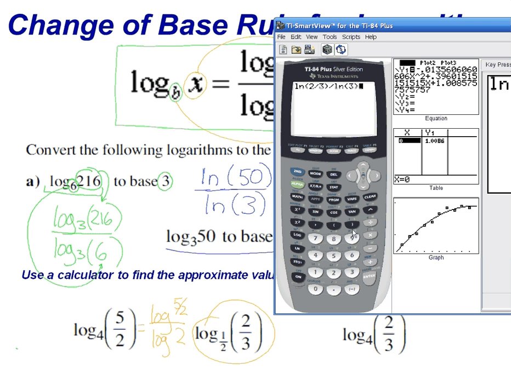It doesn't matter whether you use log base 10 or natural logarithm, both will give me the same answer. There we go. And then the last one, same idea. Once again, clear that. I'll use common logarithms this time. Log 2 over 3 divided by log 4.